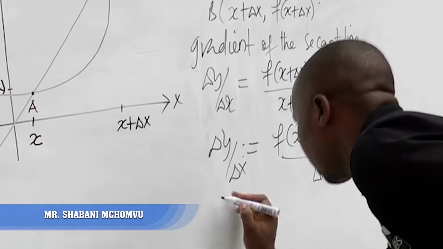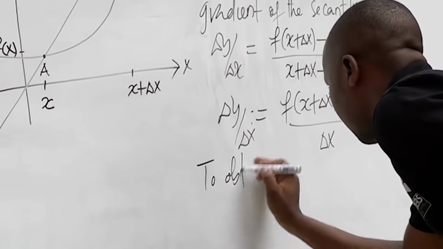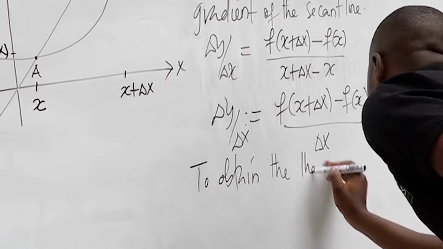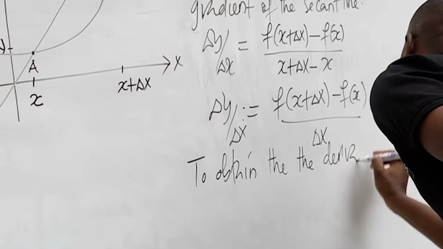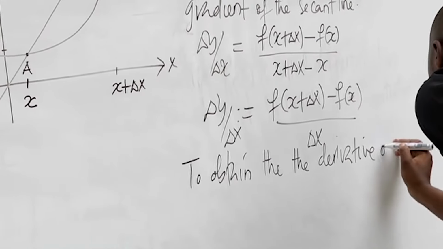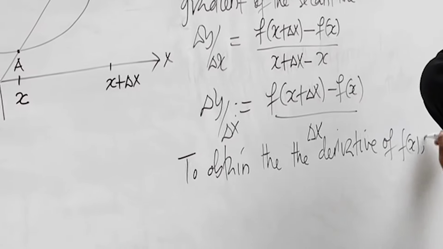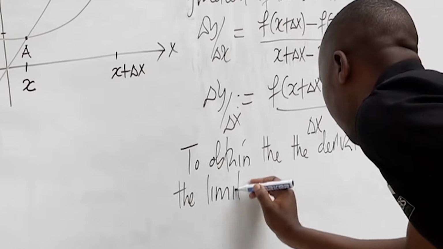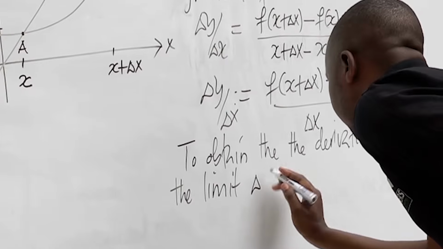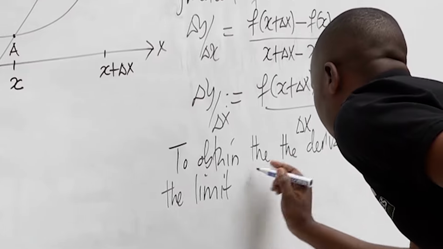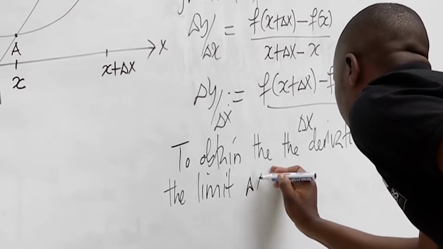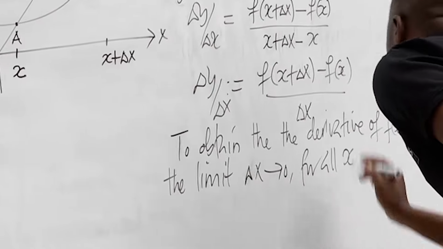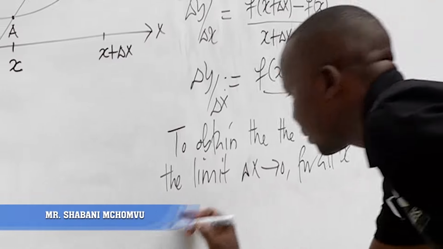So what to do now? To obtain the derivative of the function, we take the limit as change in x approaches 0 for all x.